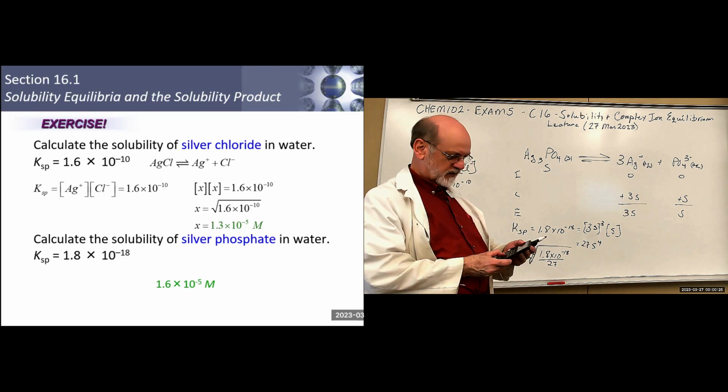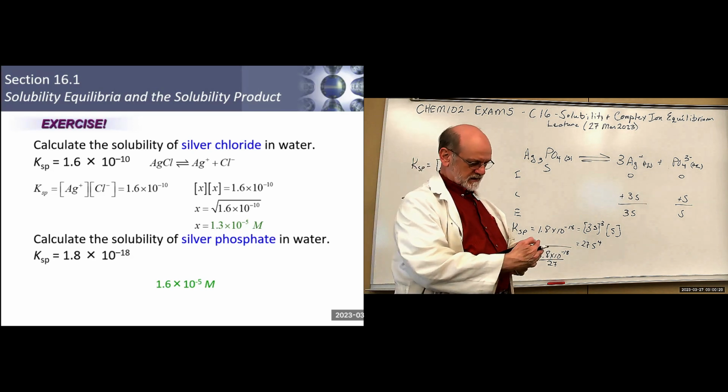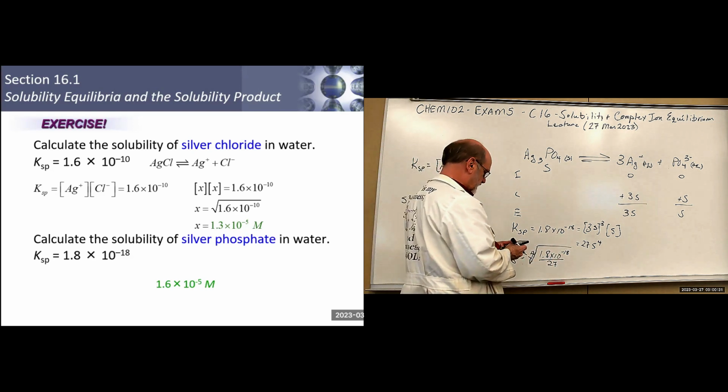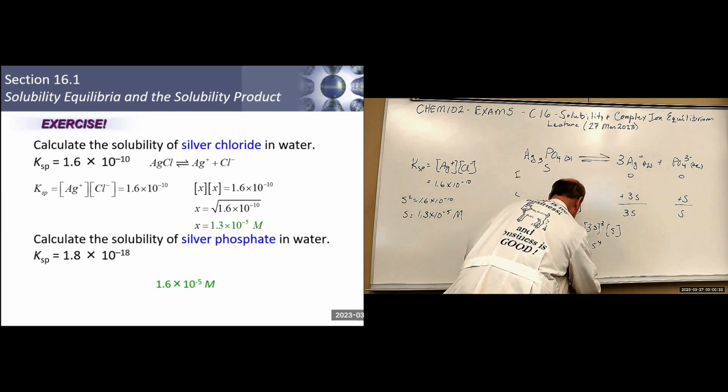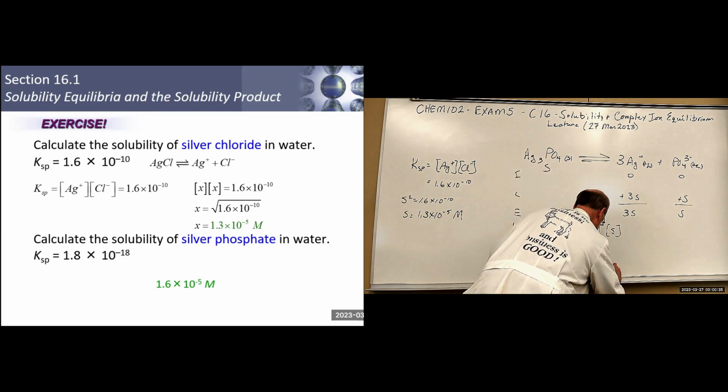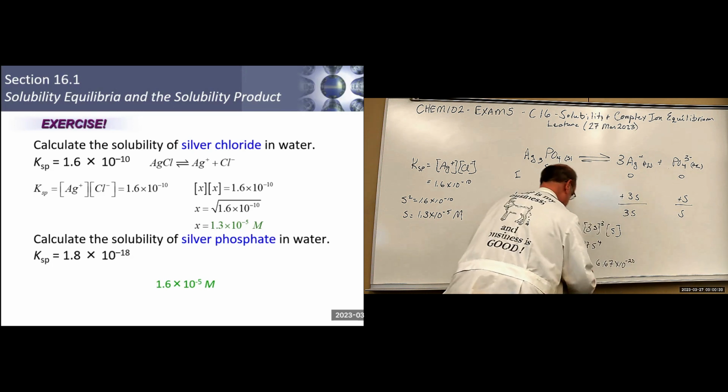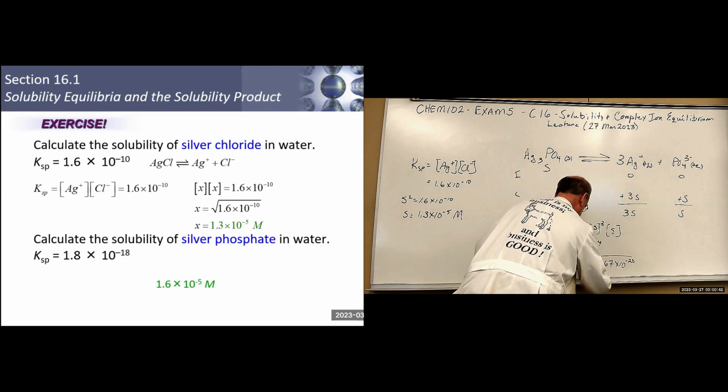Okay, divide that by 27. That's 6.67 times 10 to the minus 20, and 4th root.